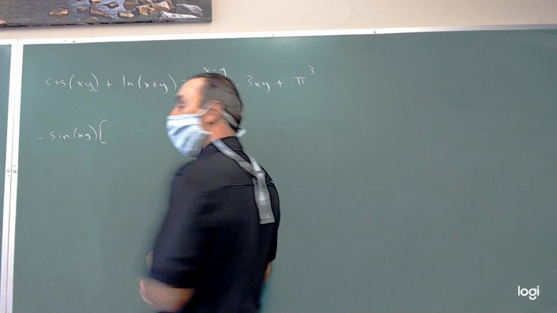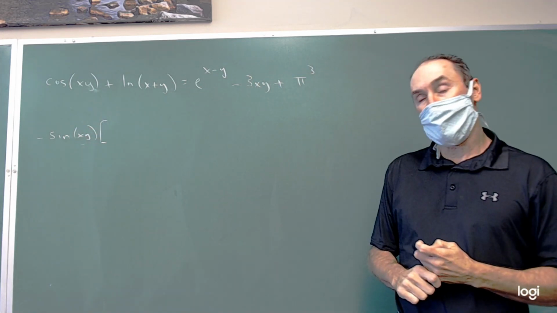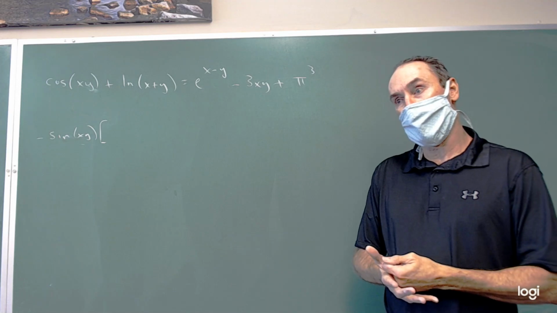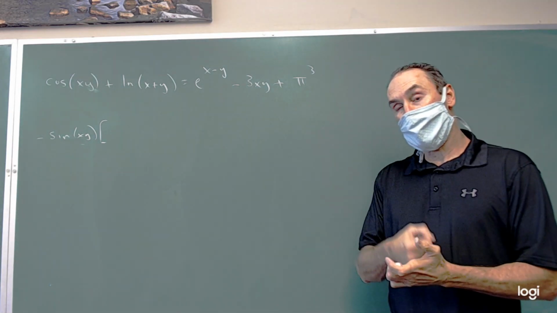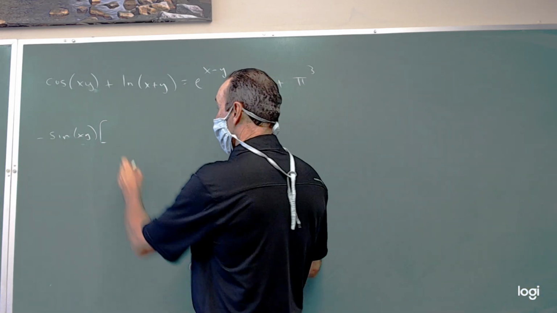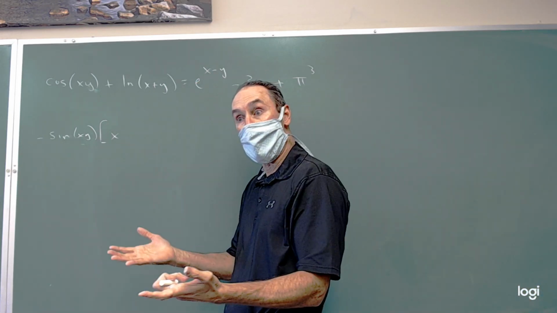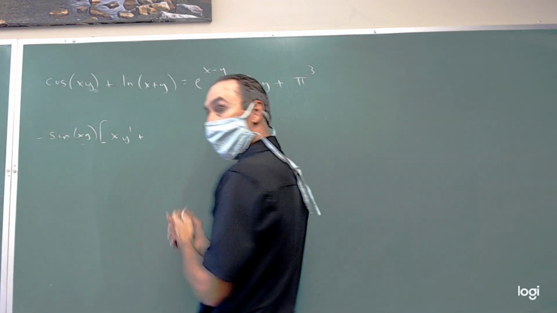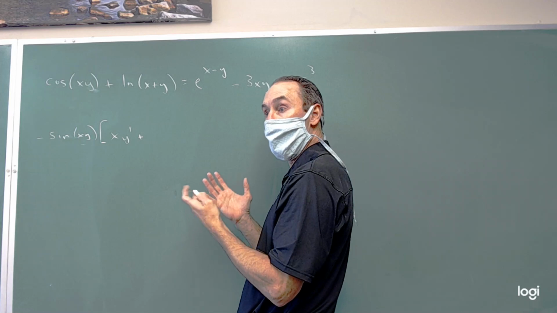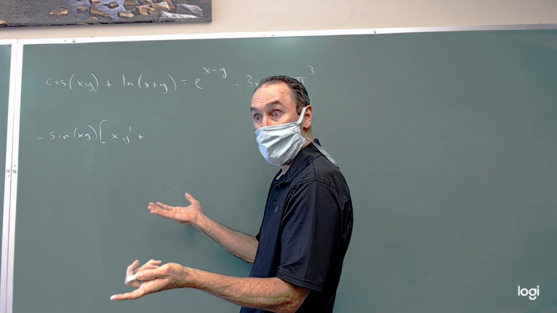Times, we're going to take the derivative of the inside function, which is the product of x and y. Tell me if I'm going too fast. So we're going to take the first times the derivative of the second. So that's x times the derivative of y, which we're going to call y prime, plus the second, y times the derivative of x, which is just 1.